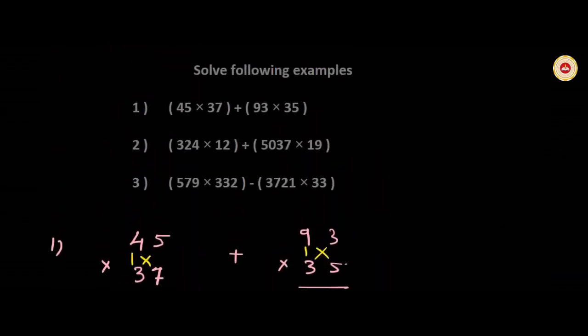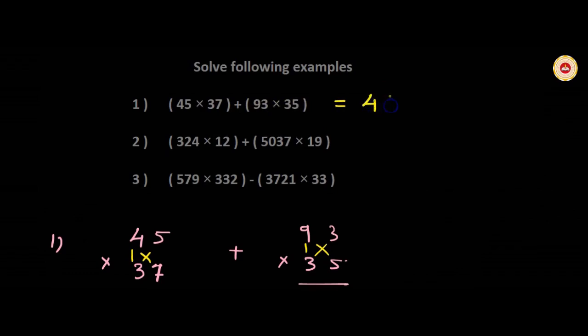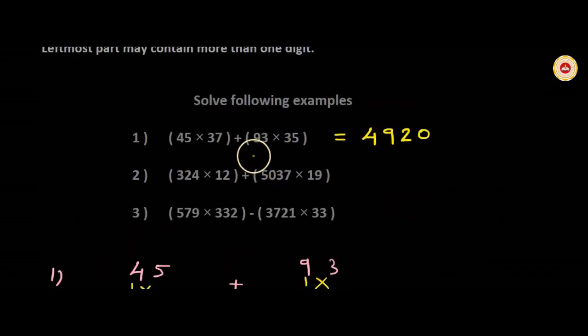Okay, so let us write answer here. Answer is 45 multiplied by 37 plus 93 multiplied by 35 is 4920. So friends, in this way product and their sum is done at a time.